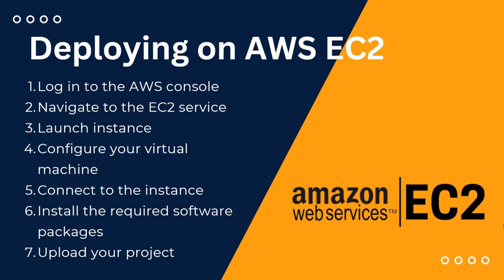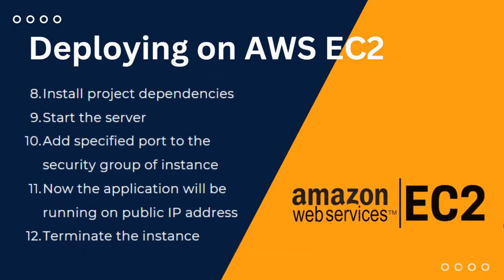Fifth, once the instance is launched, connect to it via SSH using a terminal or an SSH client. Sixth, install the required software packages on the EC2 instance like Git and Node, as we will be deploying a MERN stack application. Seventh, upload your project to the EC2 instance. Eighth, install the project dependencies using npm.